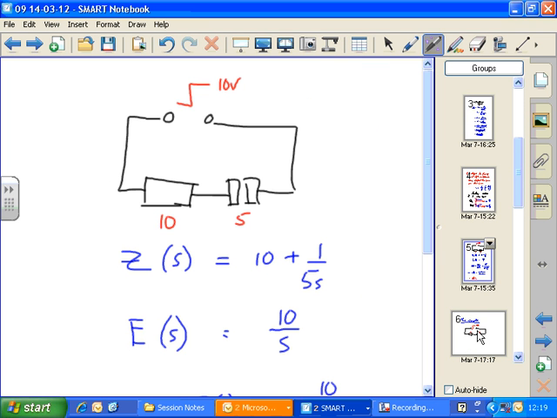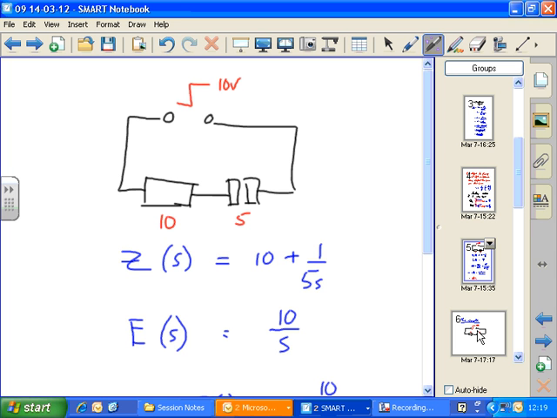And last time we looked at a step voltage across a resistor with a capacitor and went through the algebra around that. So that's what we're doing today, carrying on from there. Let's just quickly review this one and then look at the other examples.